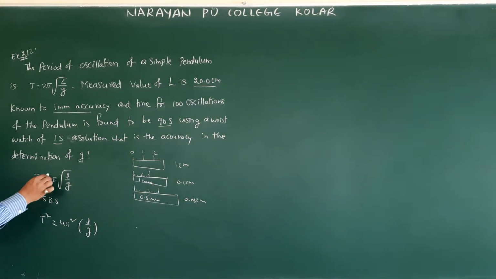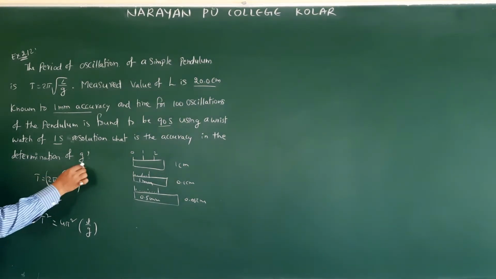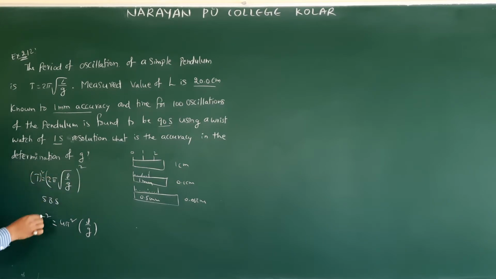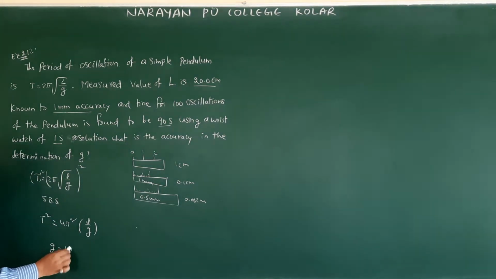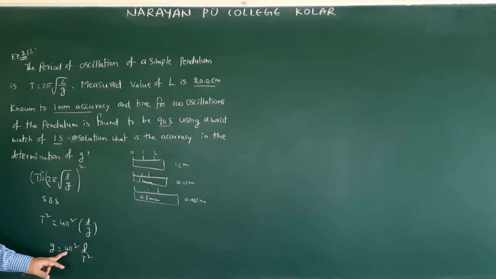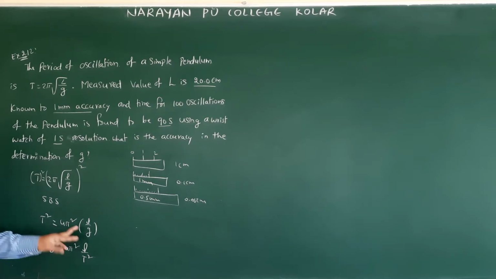Correct? Squaring on both sides, the square and root will be cancelled. Now g is equal to 4 pi square L by T square. Because of 4 pi square you won't get error, because 4 and pi are constants.